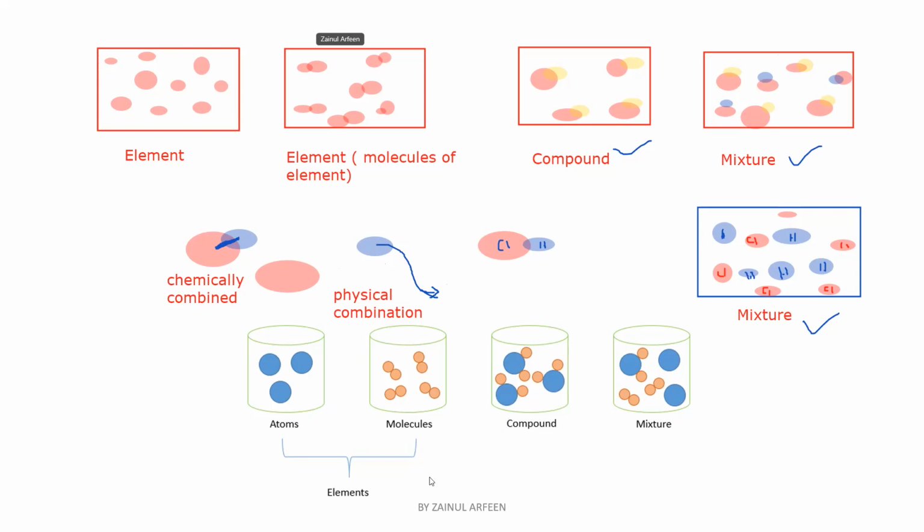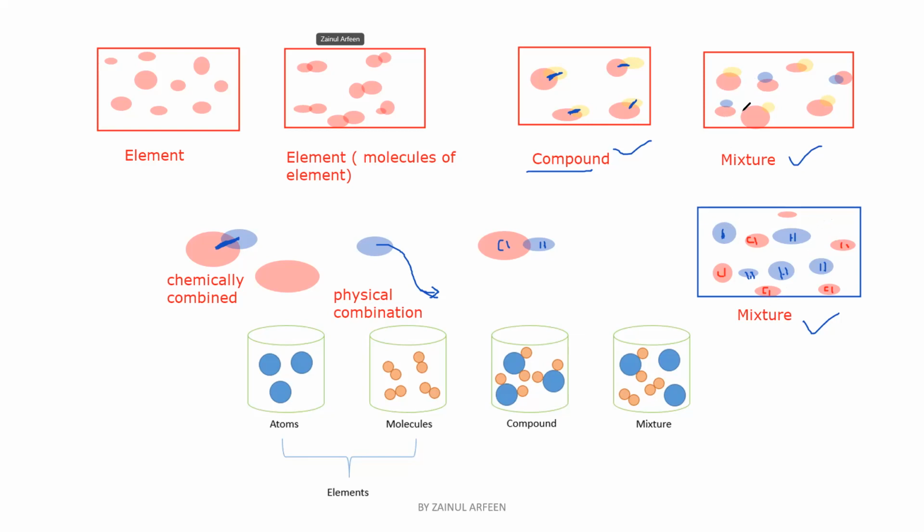So in a mixture, they are not chemically combined. In a compound, they are chemically combined. You can see here that two substances are chemically combined. They are overlapping. So this is a chemical combination. In a mixture, they are not chemically combined; there are particles which are away from each other. Above, how are the particles joined?